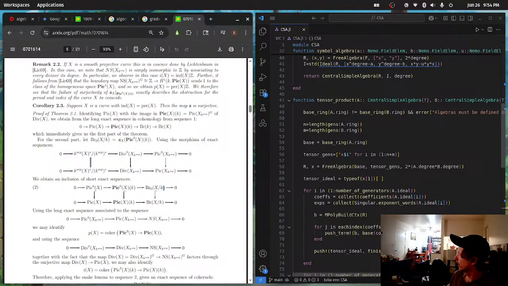Is that something that's manageable? There's always going to be a curve. I guess that is computable.